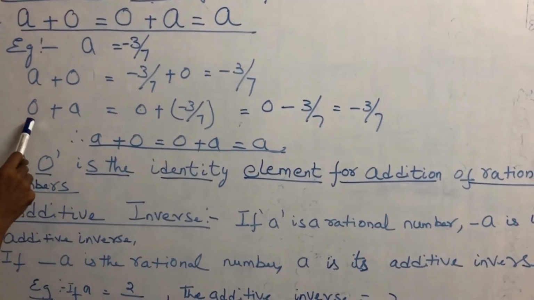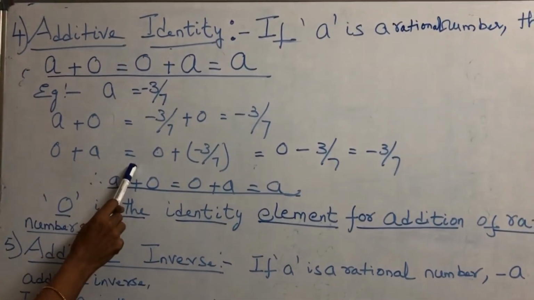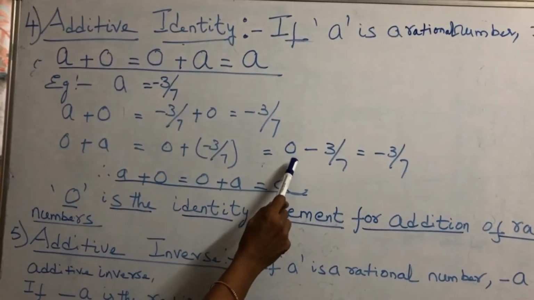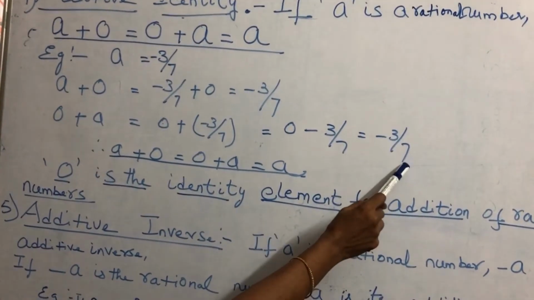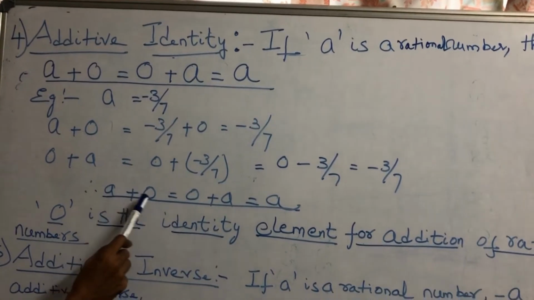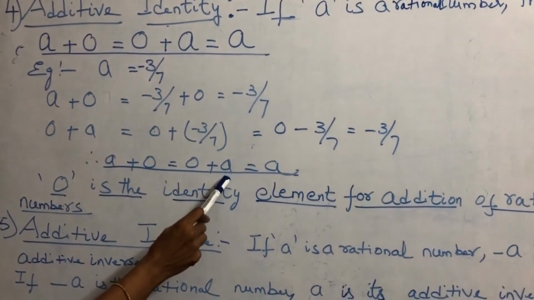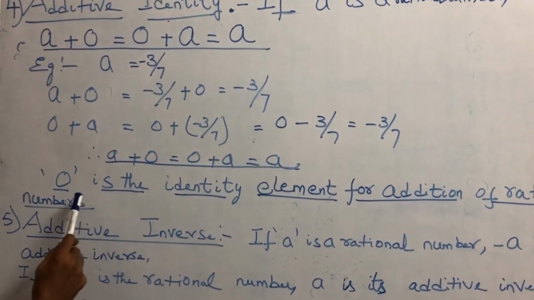In the same way, 0 plus A is equal to 0 plus minus 3 by 7, whose value is equal to minus 3 by 7. Therefore, A plus 0 is equal to 0 plus A equal to A.